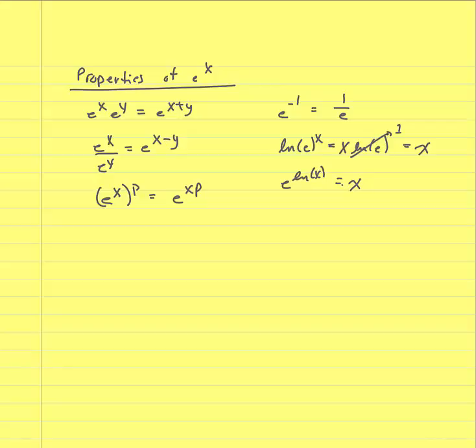Now let's go ahead and look at flipping things around back and forth. If I have an exponential expression like y equals e to the x, I can rewrite this as log base e of y equals x, because natural log is log base e, and e is my base. Now this can be rewritten: log base e is the same as the natural log of y equals x.